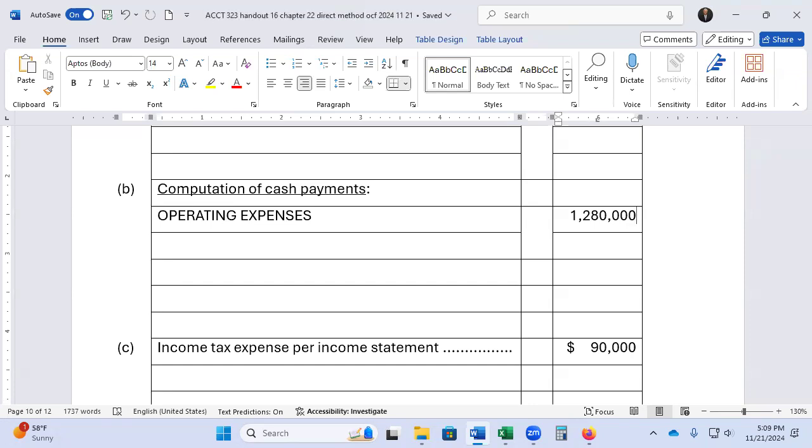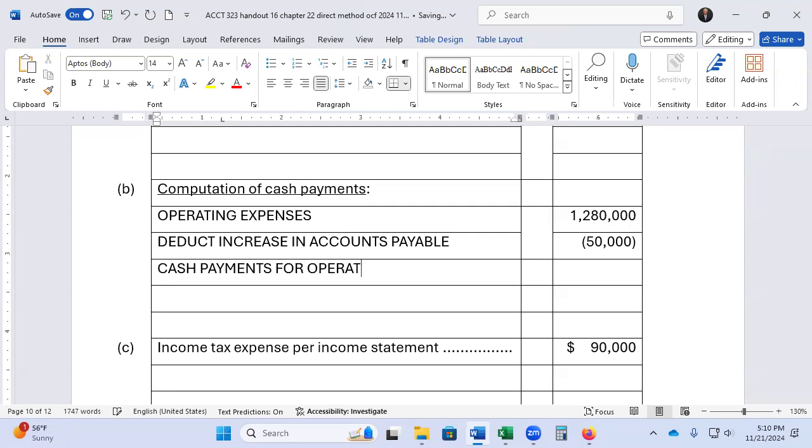Note that that number excludes depreciation, right? So we don't have to pull depreciation back out of it. And then we would deduct the increase in accounts payable. So that's 50,000. And so we have cash payments for operating expenses. And that'd be 1,230,000.